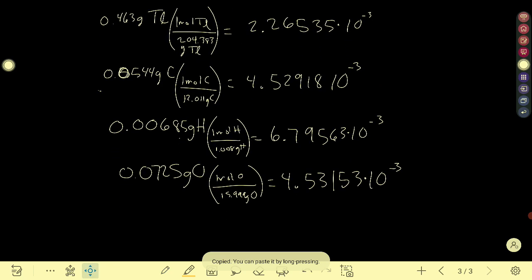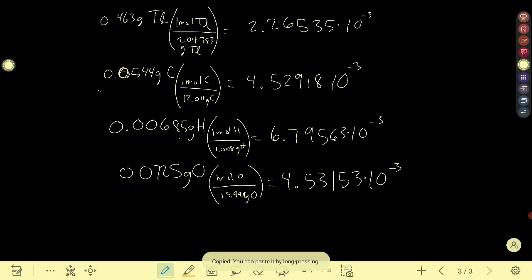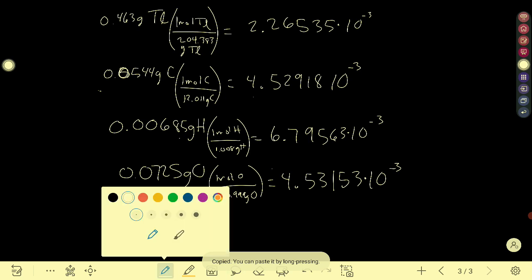All right, now these are telling me the ratio in moles of each of these. So the top is probably going to be our smallest number, and it's in scientific notation. It makes it pretty easy to see. This guy and this guy are very similar. The top number is a bit smaller there, so we're going to go ahead and divide all of them by that.